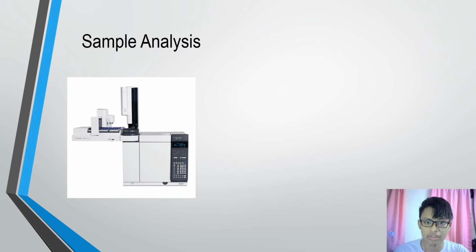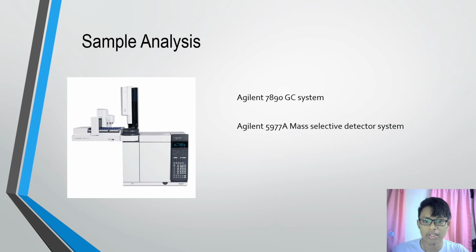Now we move to sample analysis. The analysis was carried out using an Agilent 7890 GC system equipped with an Agilent 5977A mass selective detector system with a Zebron 5ms column.